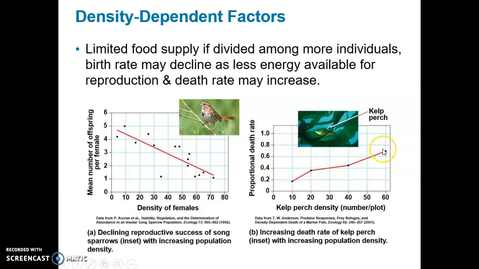Why? Probably most likely because of the loss of habitat. Places where the perch can hide and avoid predation. Okay? So that's a density-dependent factor. Loss of habitat due to increasing individuals.